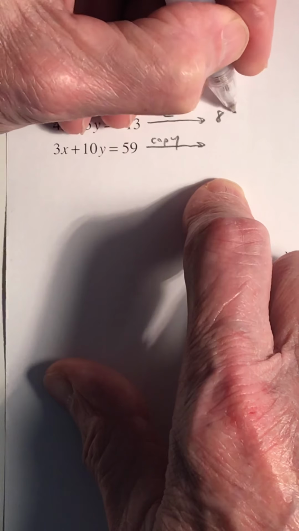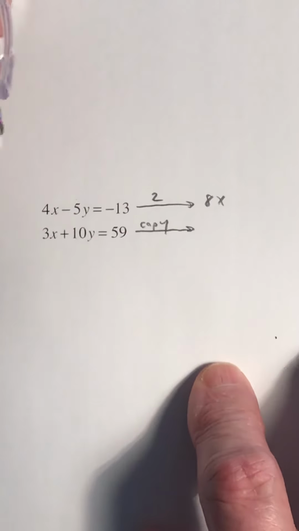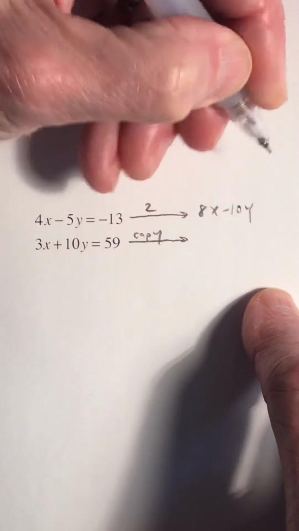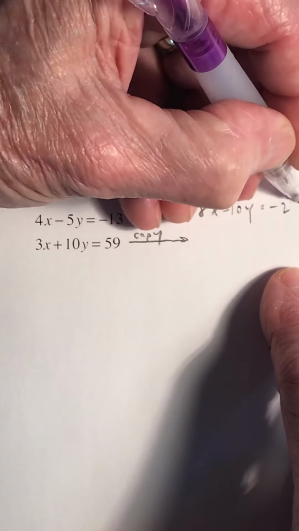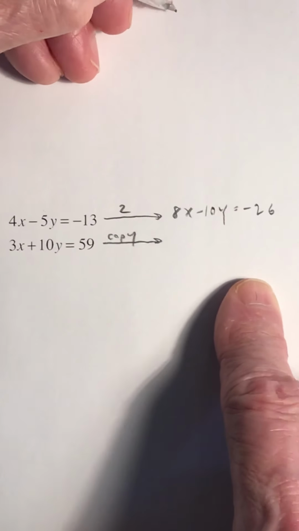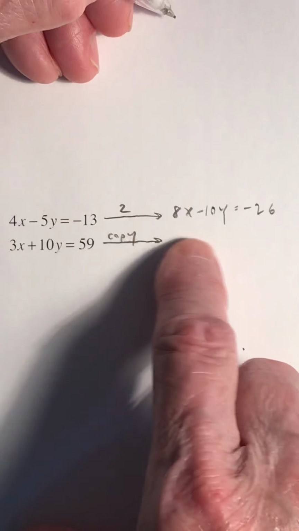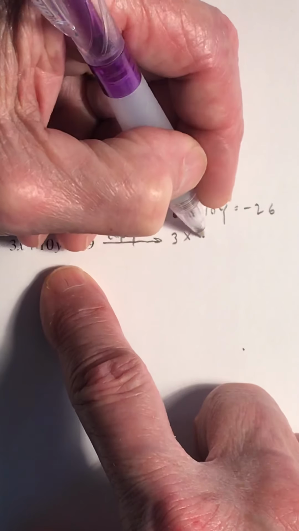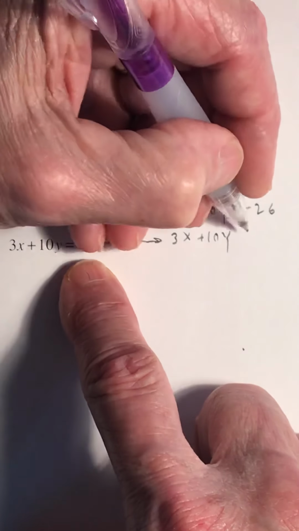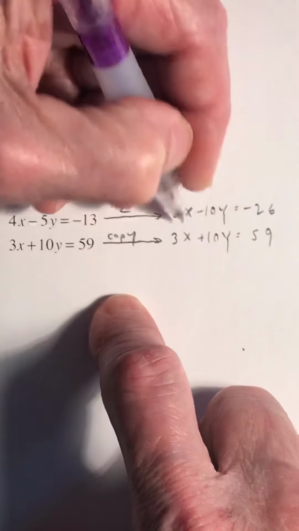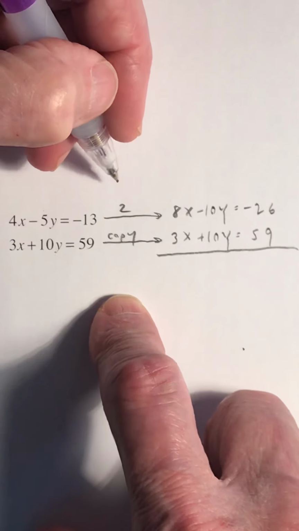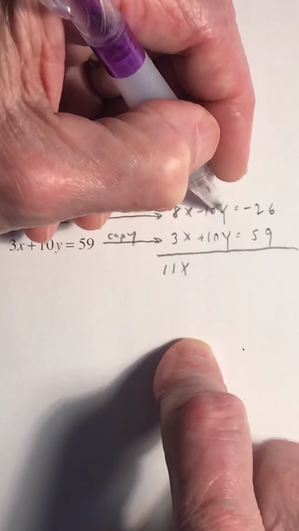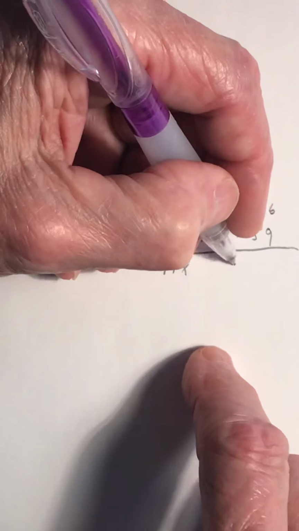I get 8x minus 10y equals negative 26. Times everything by 2 and got that. And just copying this one, 3x plus 10y equals 59. And now when I add, I get 8x's and 3x's is 11x's, minus 10y plus 10y, the y's cancel.